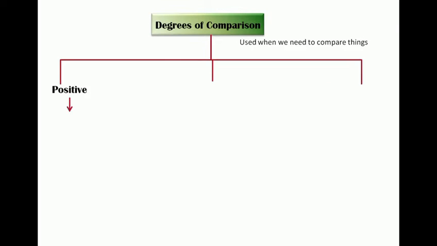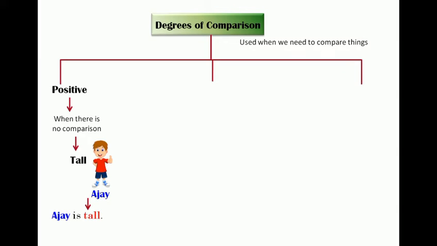Now, see the flow chart, degrees of comparison. When we need to compare things, we use degrees. One, positive degree. Positive degree means when there is no comparison. Example, tall. Ajay is tall.